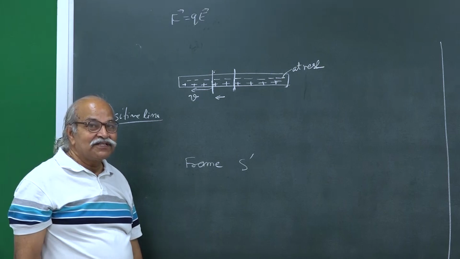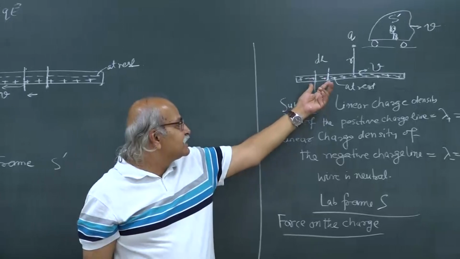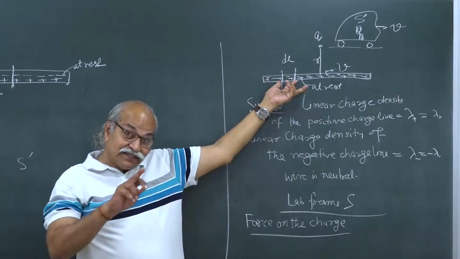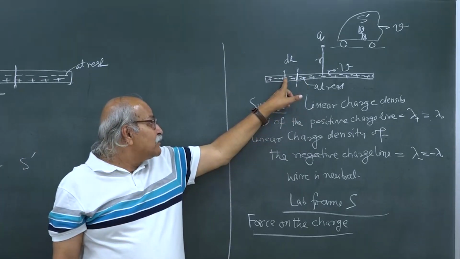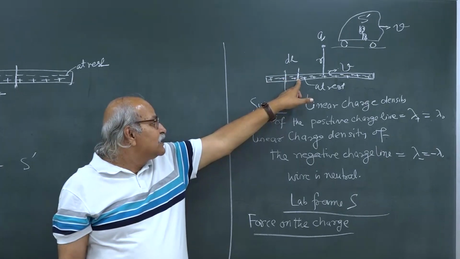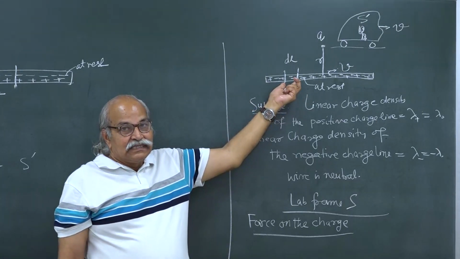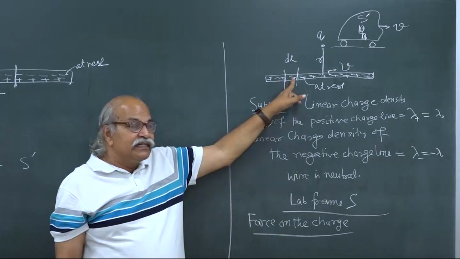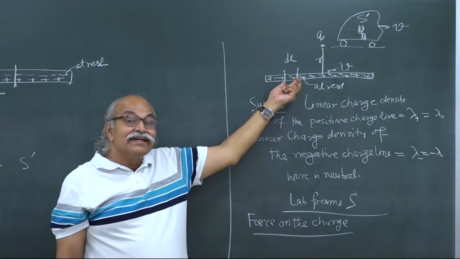Only look at the positive charges, the plus plus plus plus plus. If I am choosing a particular point on this positive line, and another point here, the separation between these two, if I look from the lab frame S, since the entire positive line is at rest, this length dl is the rest length.